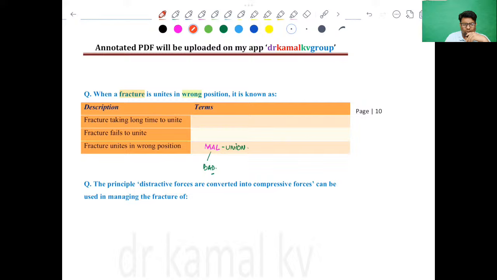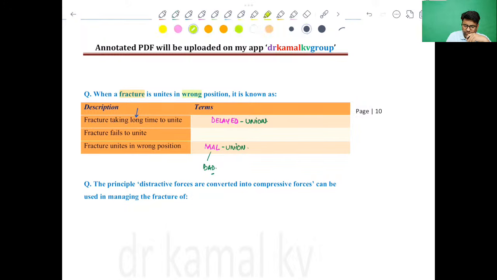And I have taken the opportunity to discuss two more related terms. If the fracture is taking a little longer time than what is usually expected for union, it means the process is delayed. Clear? So you will write delayed union.